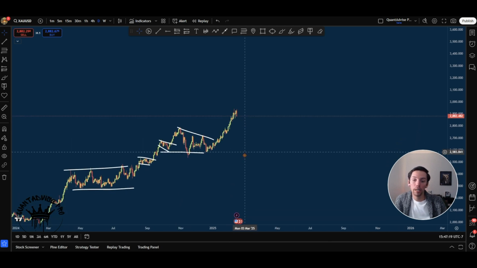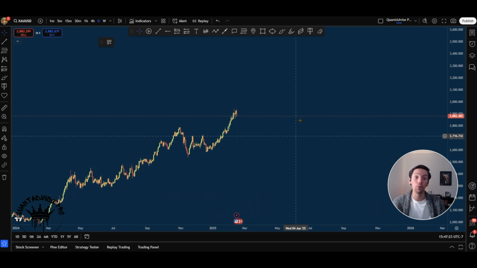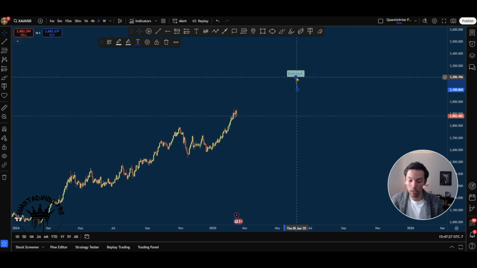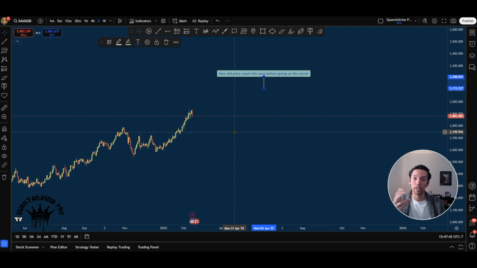Now, what I'm paying attention to whenever I come to trade inside of a market is how price is moving, right? So one of the common questions I'm asking is, how did price reach this area before giving us the move? This is a question I'm always keeping in mind: how is price getting there?